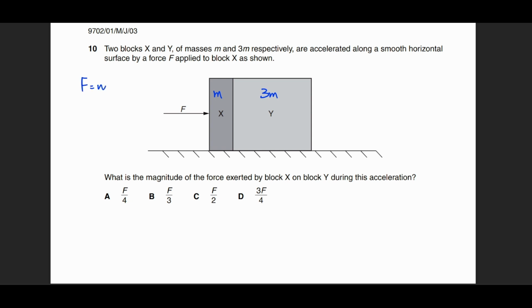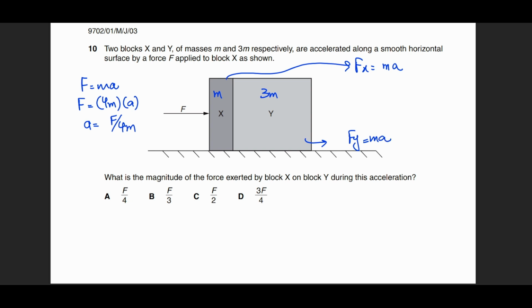So F is equal to ma. If I find F, that will be 4m into a, and the acceleration comes out as F divided by 4m. Now, if I want to find the force experienced by x and y separately, I will use Fx equals ma and Fy equals ma. But be advised, they will be individual masses.